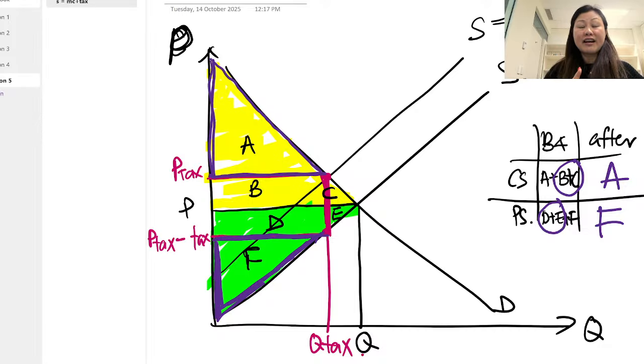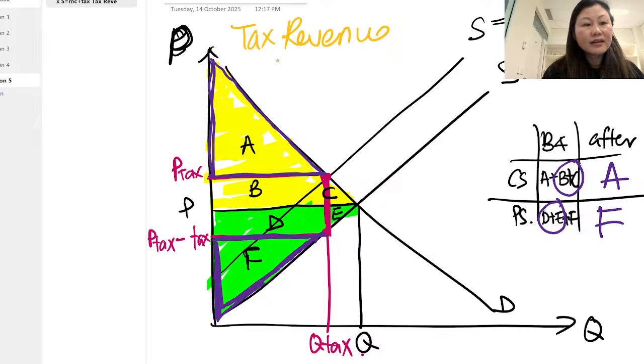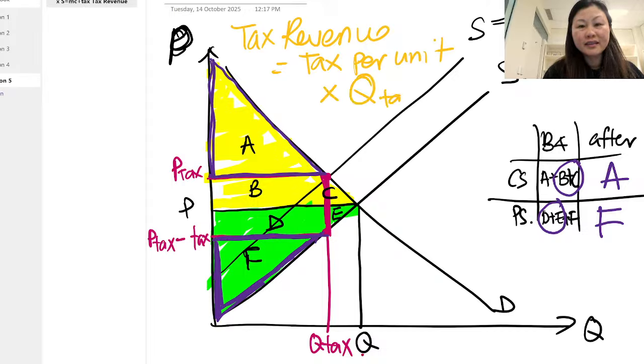There is a saving grace though. The only saving grace here is that different from price ceiling and price floor, a tax generates tax revenue. So when we say tax revenue equals tax per unit multiplied by the quantity Q tax here.